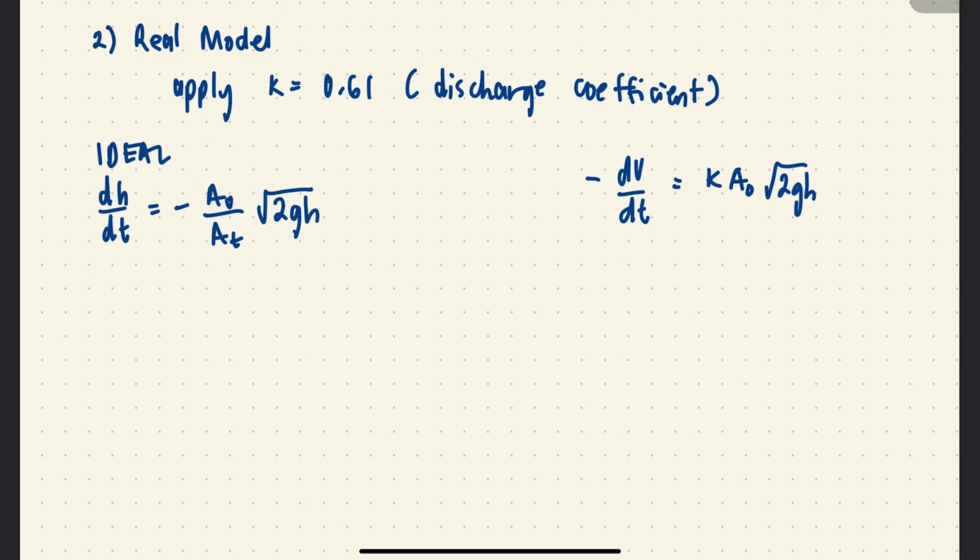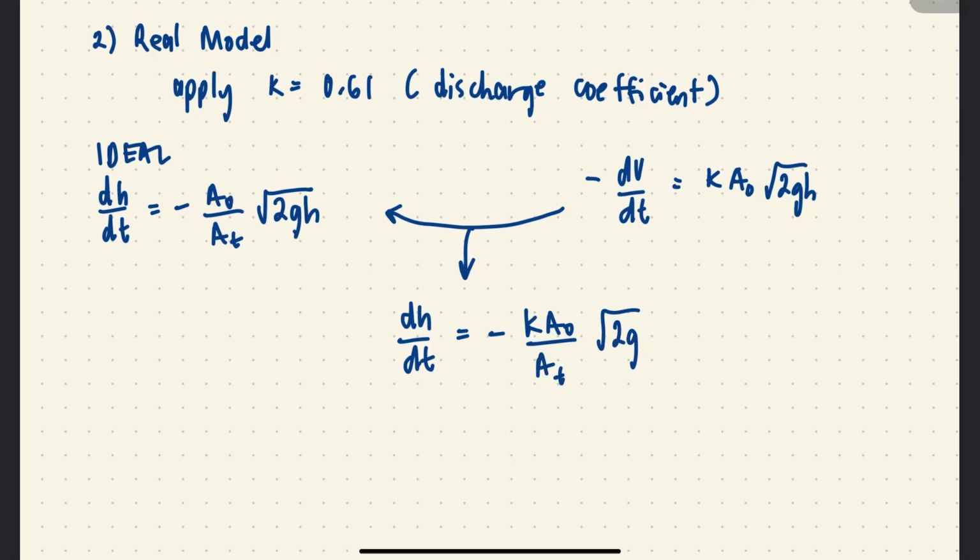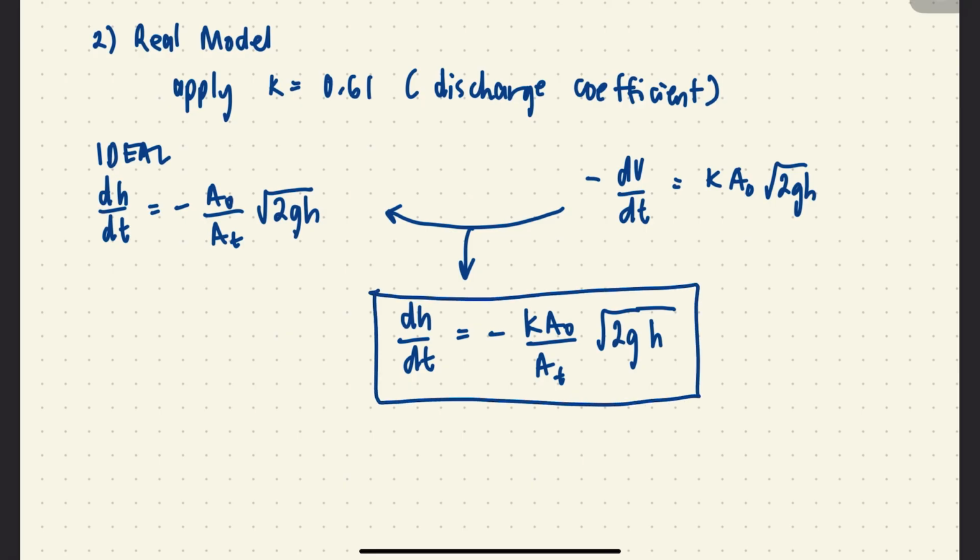Then this will arrive to the ideal equation. It's just that this will be dh over dt is equal to negative K A sub o over A sub t, then you have your square root of 2g h. So this will now be your real differential equation.